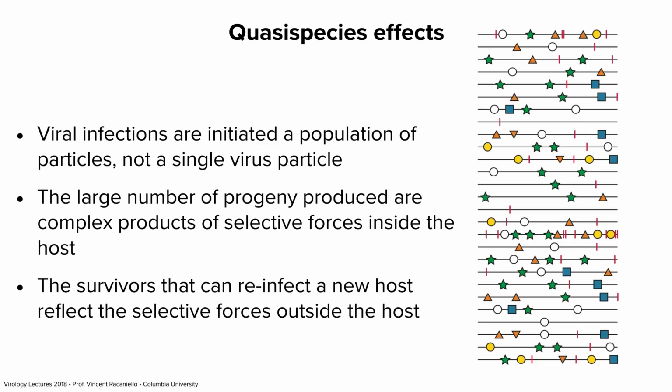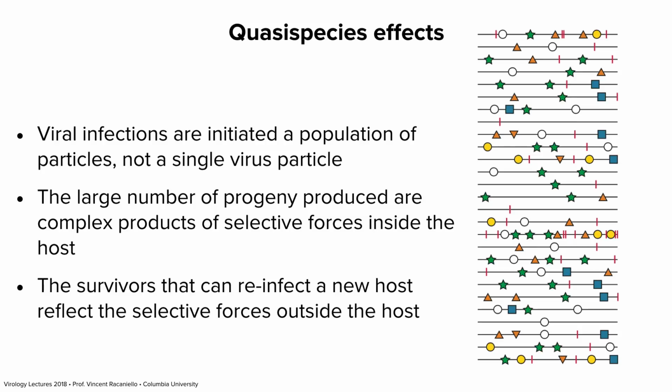And why that is because when a virus infects a cell, no matter if it's a single-celled organism or a multicellular organism, it's always initiating with a population of particles. When influenza infects us, we're getting infected by a quasi-species, many different viral genomes. And whatever comes out of our cells are products of selection in those cells. It may not be the same as what went in.